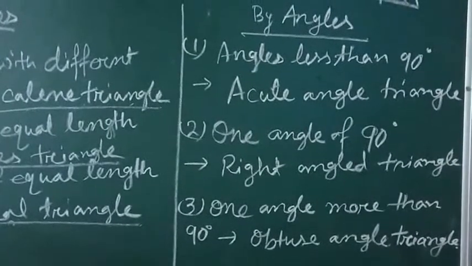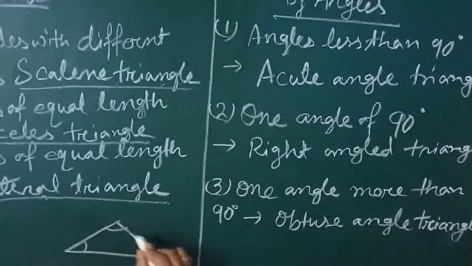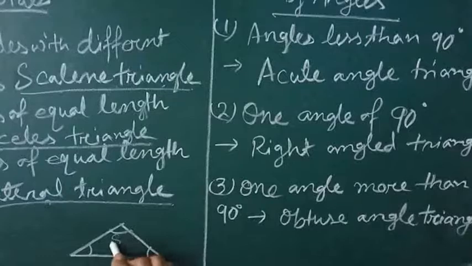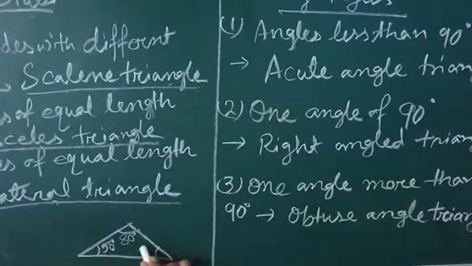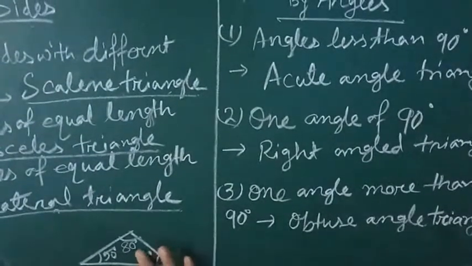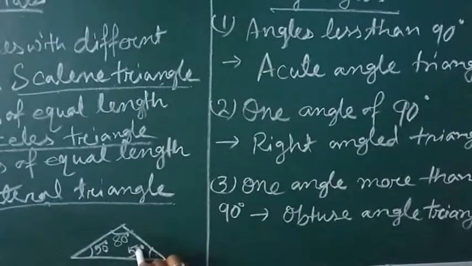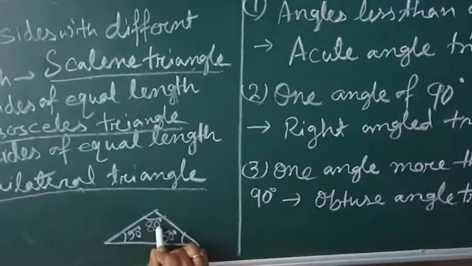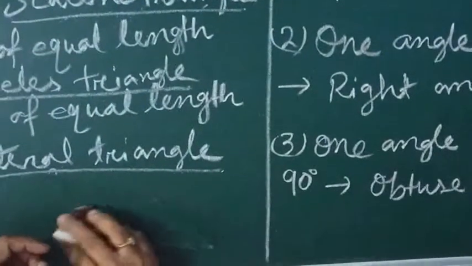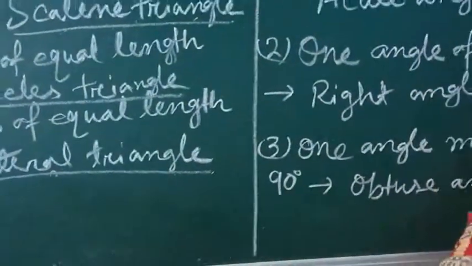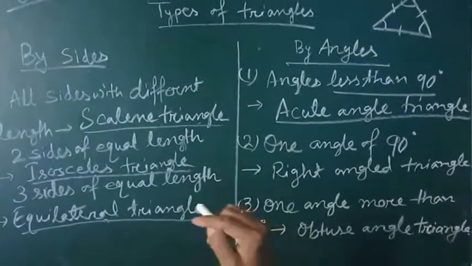So when you get a triangle where all the angles are less than 90 degrees, for example this angle is 80 degrees, and the other angles are 50 degrees and 50 degrees, the angle sum is 180 degrees definitely, and none of the angles is 90 or more. So when all the angles measure less than 90 degrees, it will be called an acute angle triangle. Acute means less than 90.